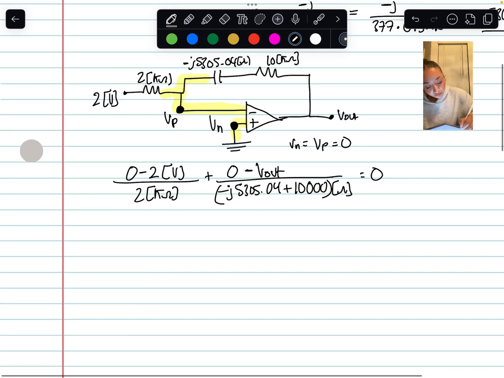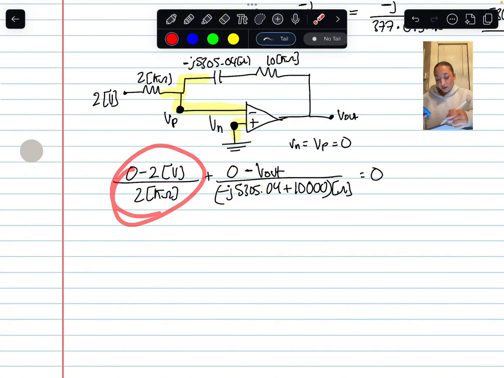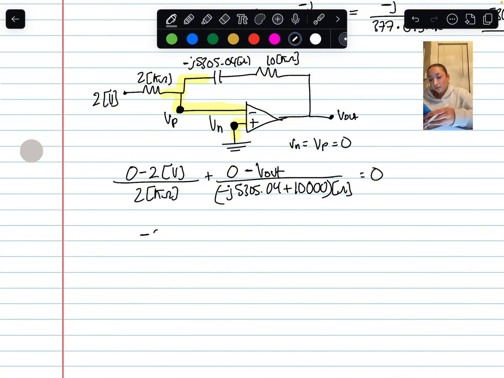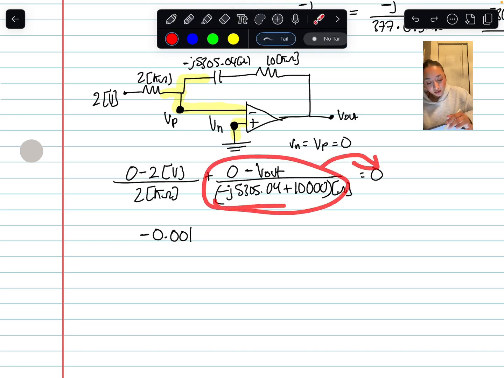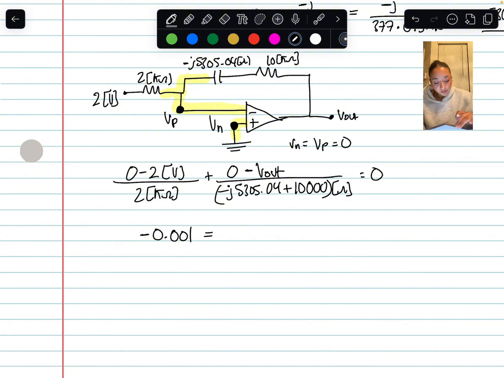That's all in ohms, equals 0. So negative 2 divided by 2,000 is going to be negative 0.001. I'll move this over here so I can make V out positive.